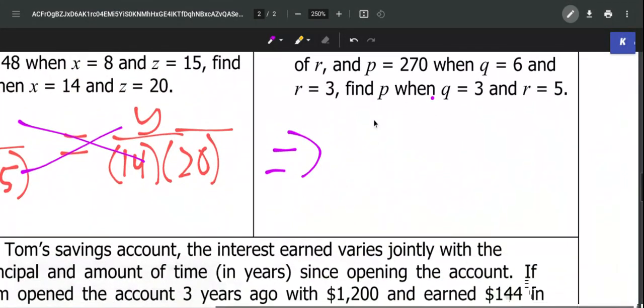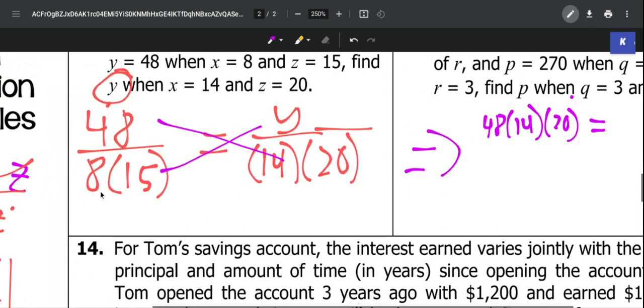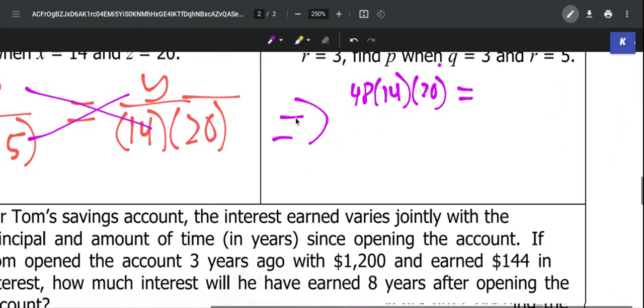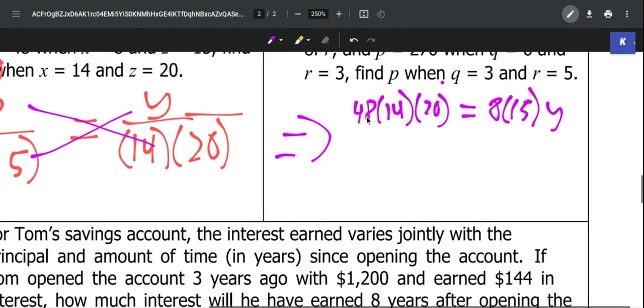All right. So we'll have 48 times 14 times 20 equal to 8 times 15 times y. So now all we've got to do is multiply here and then solve for y.